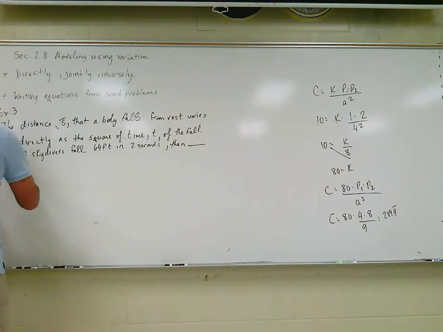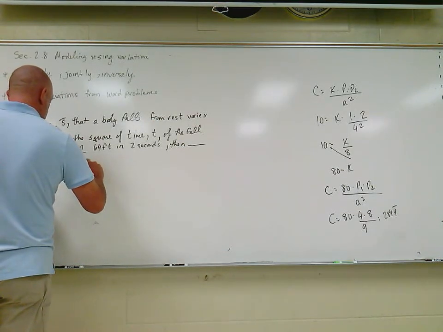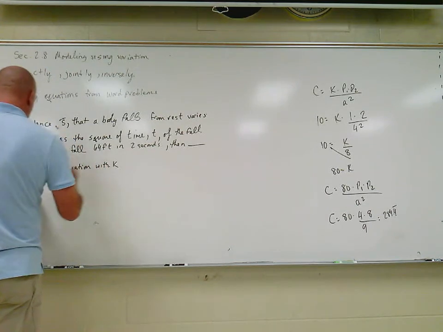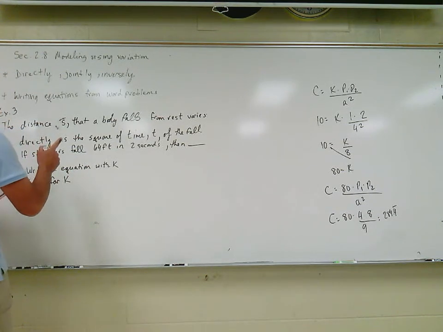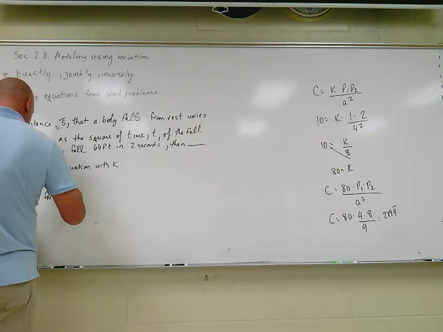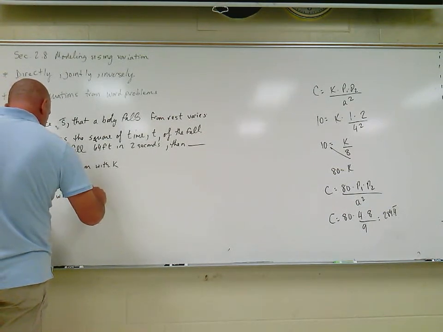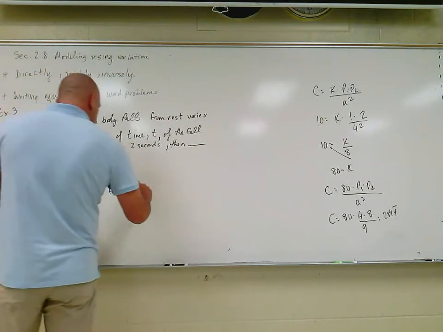So part A, write the equation with K in it. Part B, solve for K. Part C, then how far will a skydiver fall in 4.5 seconds?